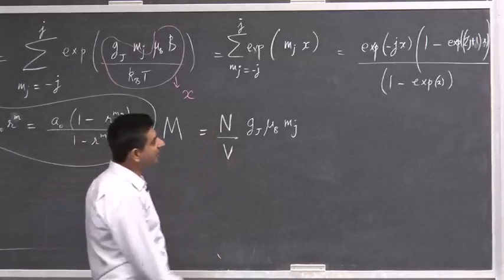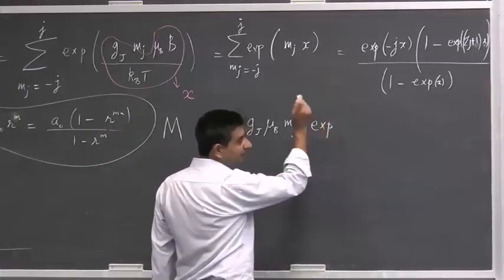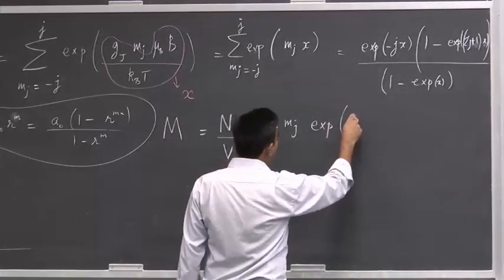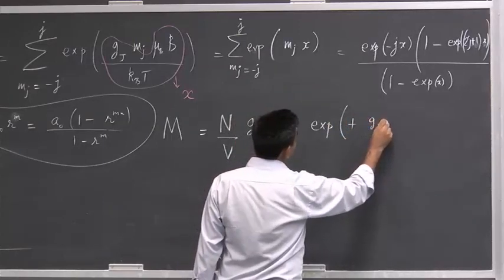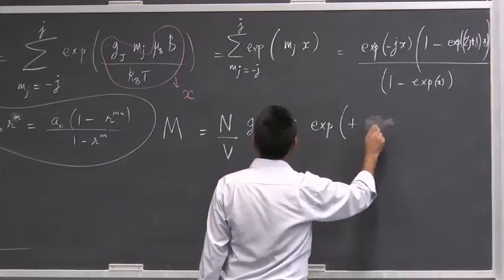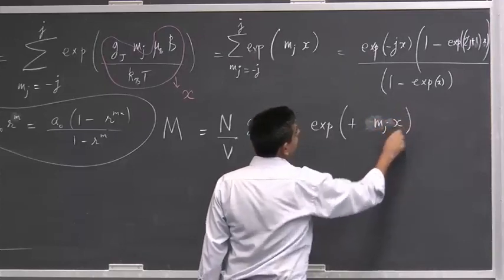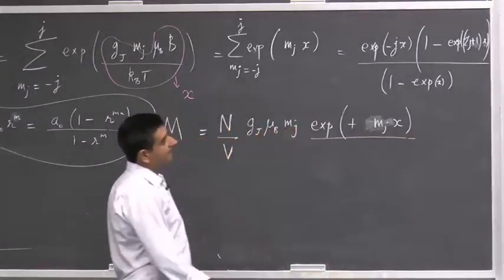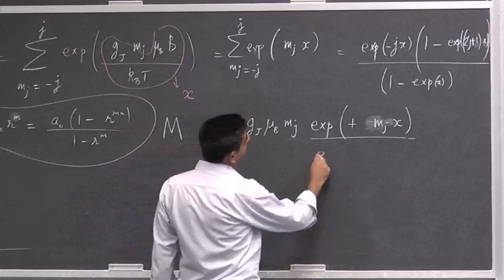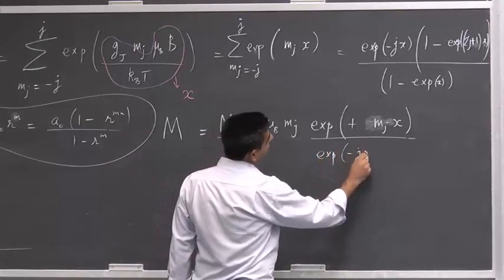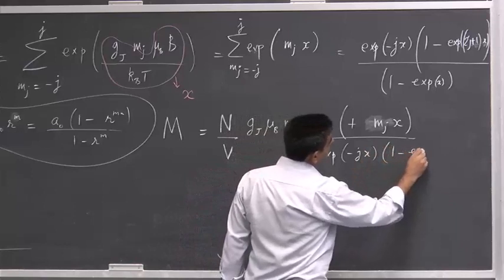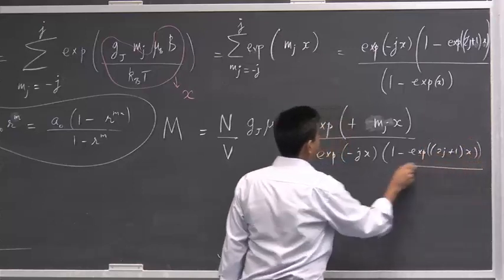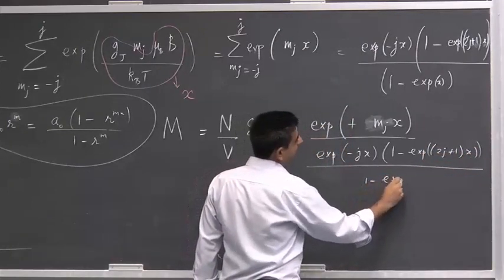Now the fraction of particles in this state is simply the Boltzmann factor, exponent minus the energy. The energy is, with the minus sign, this becomes mj x, divided by the partition function, which is exponent minus jx times 1 minus exponent (2j plus 1)x, divided by 1 minus exponent x.